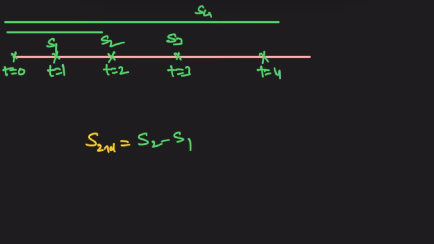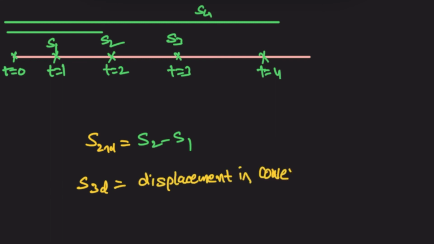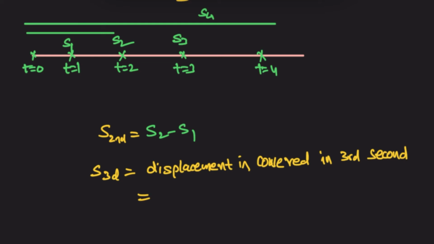So what is the displacement covered in third second? S3 means displacement covered in third second. Initial position is S2, final position is S3.